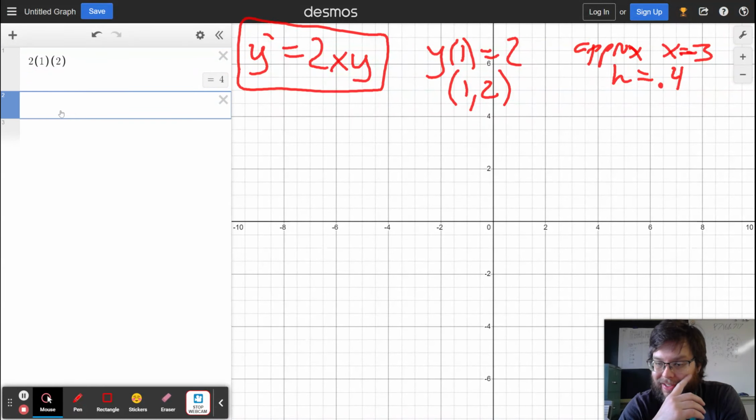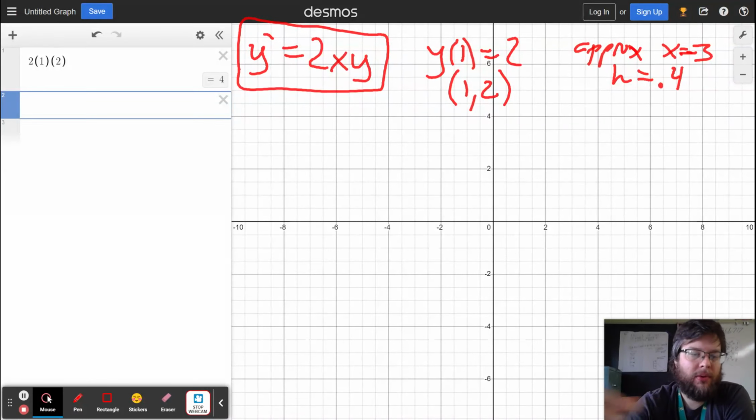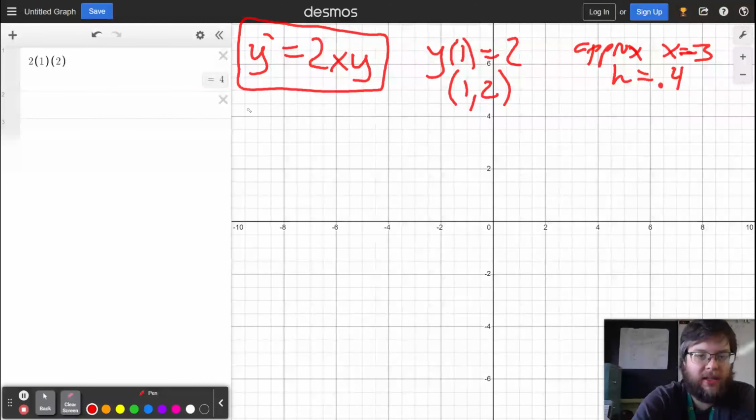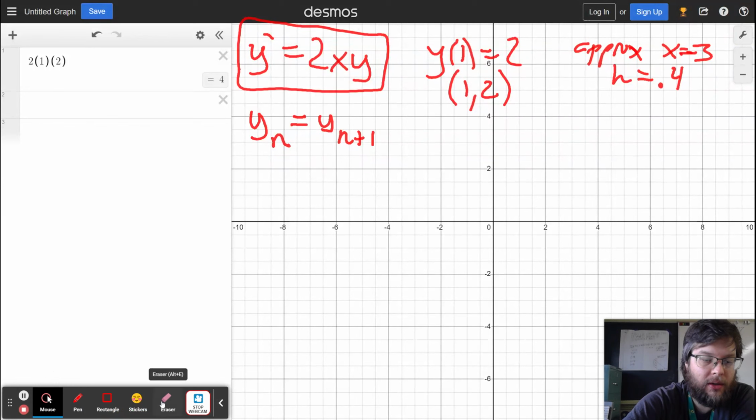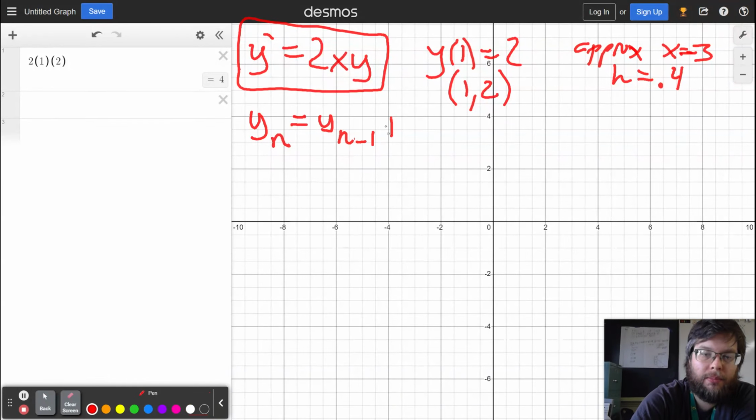That means that our second y value is, the process for Euler's method is that the y value for step n is equal to your previous y value, not n plus 1, n minus 1, because it's your previous y value, plus the slope times h. And the slope is always from the previous step.